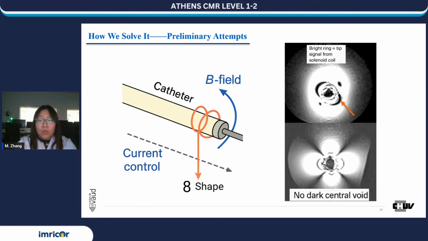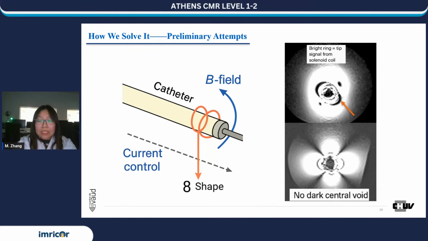On the left, we show a schematic illustration of the coil structure. We use a figure-of-8 pattern to construct the solenoid coil at the catheter tip. This configuration can help generate a magnetic field perpendicular to the catheter axis, which enhances the local MR signal at the tip.